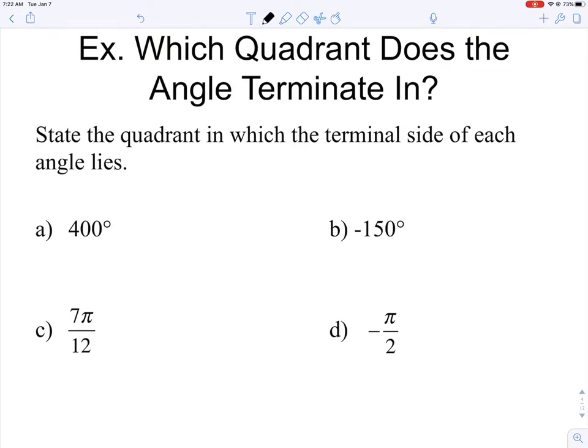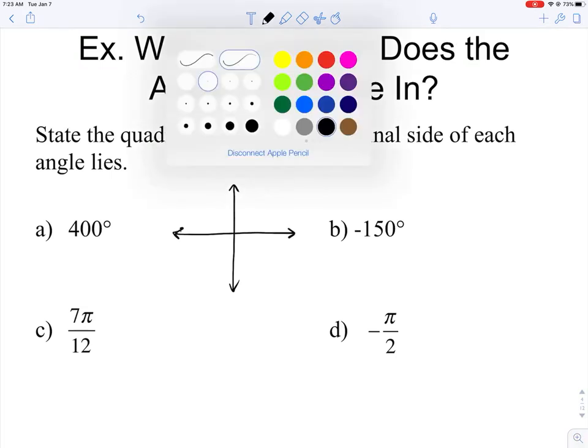400 degrees is over one rotation. Since 360 degrees is a full rotation and 400 degrees would just be 40 degrees more than that full rotation, we know that 400 degrees is going to end up terminating in quadrant 1, in the same place that 40 degrees would terminate.